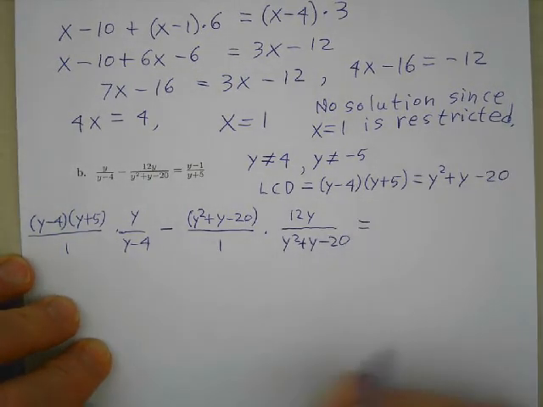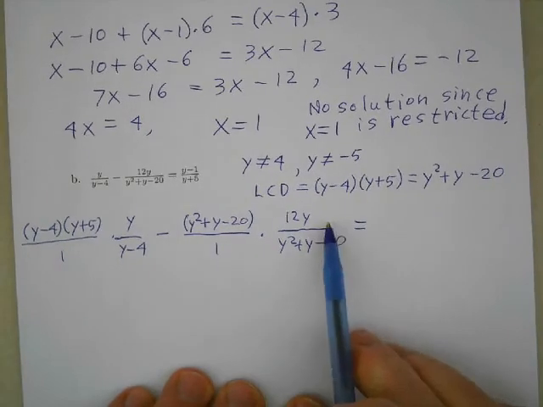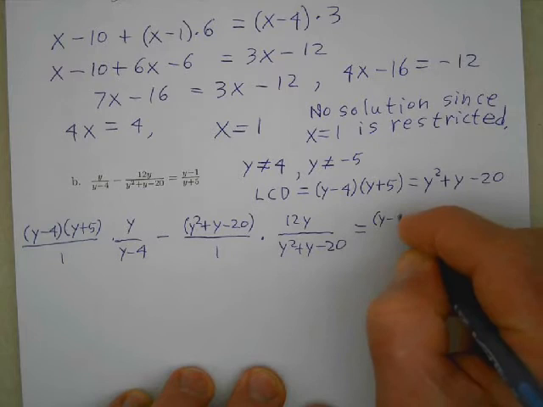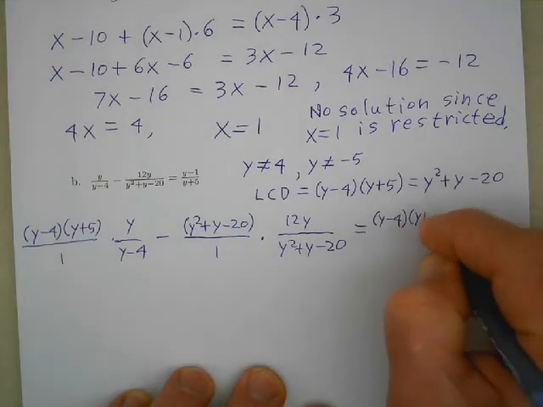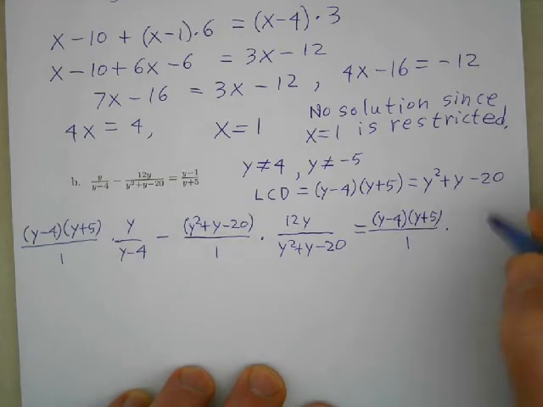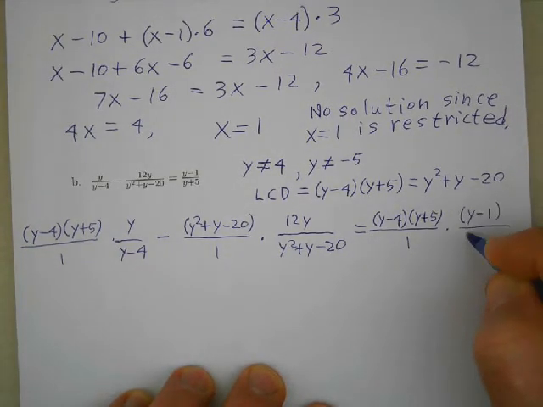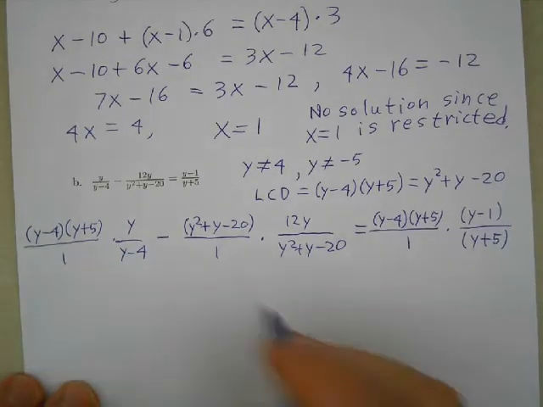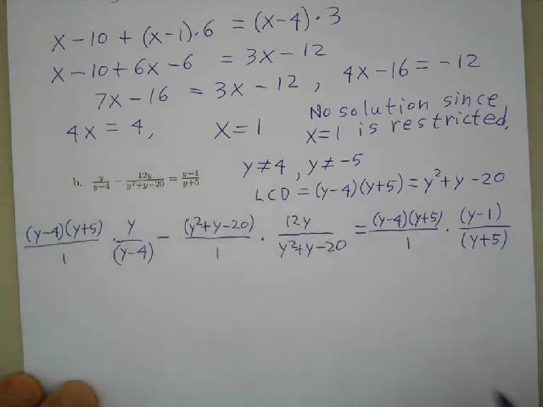And then on the right-hand side, I'll use the factored form again of the least common denominator. So y minus 4 times y plus 5 over 1 times the right-hand side is y minus 1 over y plus 5. And once again, we will clear the denominators.